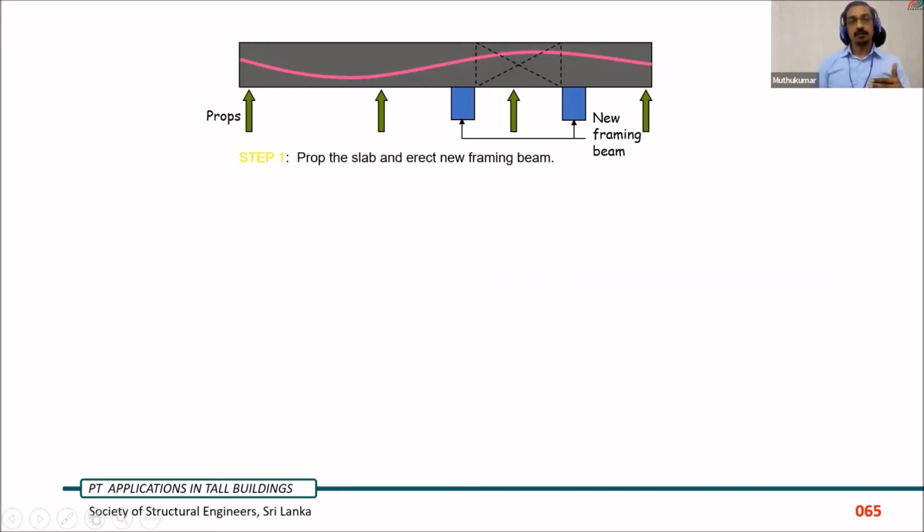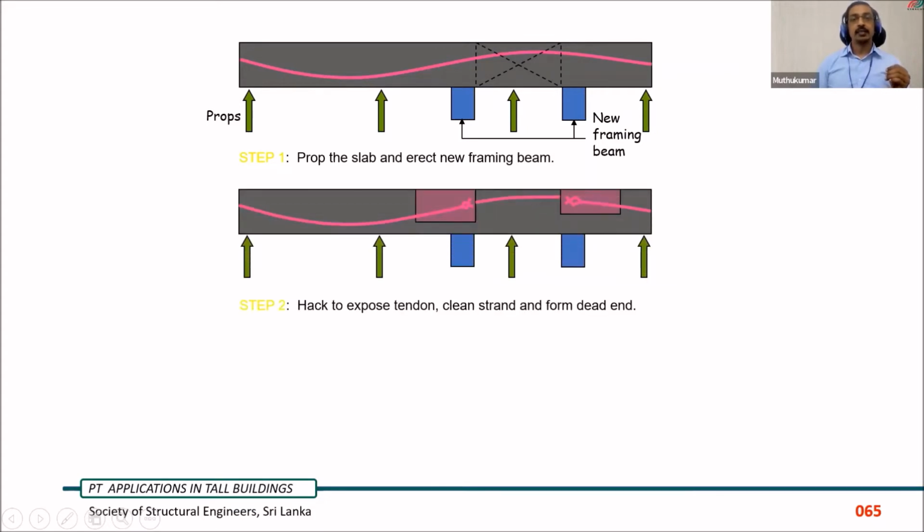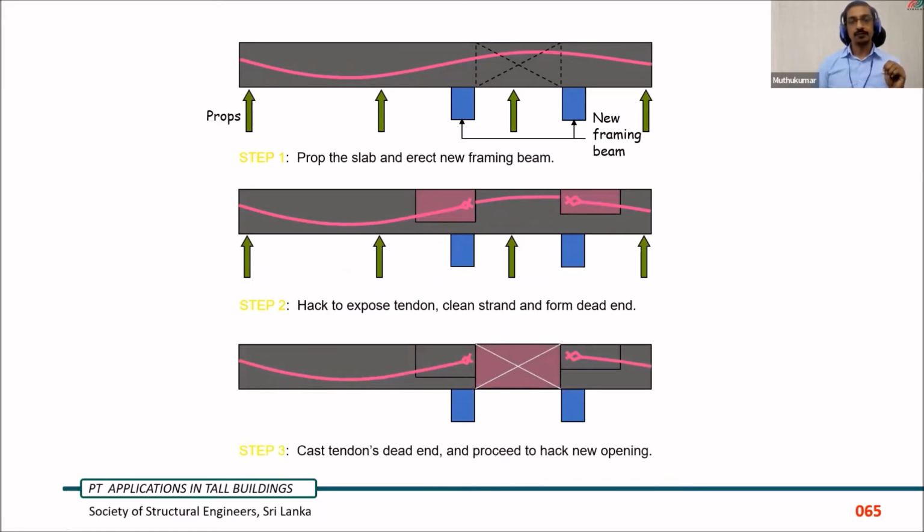So this is the step-by-step procedure to introduce a new opening. We have to support the slab thoroughly and introduce a new framing beam to support the overhangs. Then we trim off the strands and create bulb ends so that there is proper anchorage after the slab is cut. Then we go ahead with the hacking of the new opening.